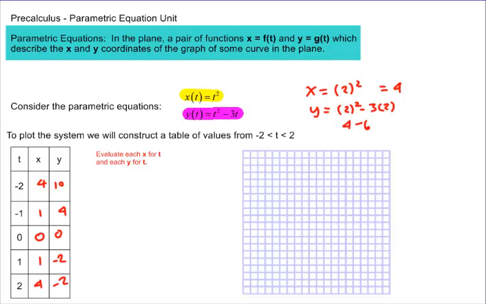So we can graph this out, and it's going to look something like this. So what do we got? 4 and 10.